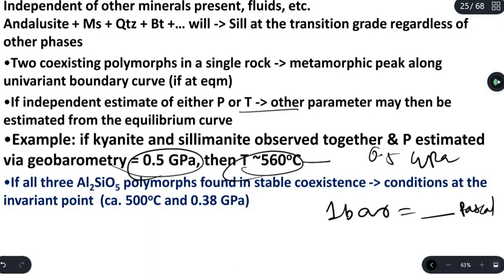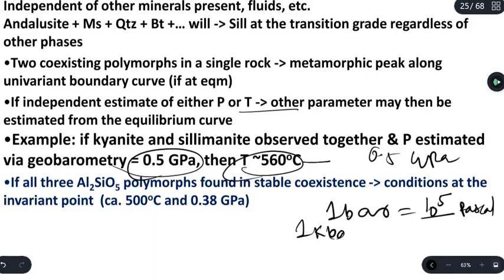I am not talking about atmosphere, I am talking about pascal. क्या होगा? विदुषी बताओ, रूबी, सरोज, सुब्रत, बताओ कोई भी. So this is very basic, right? 1 बार इक्वल टू कितना पास्कल होगा? Exactly, right. 1 bar equal to 10⁵ pascal.